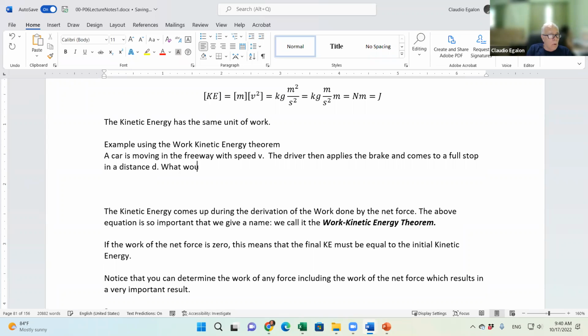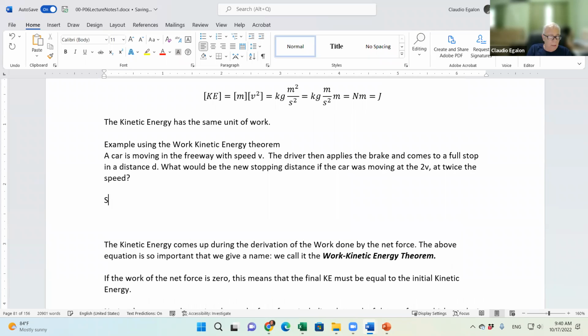What would be the new stopping distance if the car was moving at 2v, twice the speed?